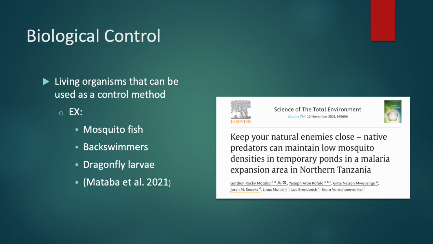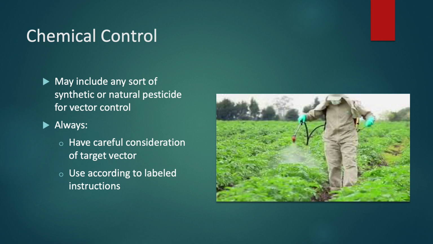And then we have the last tactic, which is the chemical control. This may include any sort of synthetic or natural pesticide to control these ticks or mosquitoes, and they represent the highest level of intervention, if you remember that diagram, to the landscape, and the highest risks to the environment.